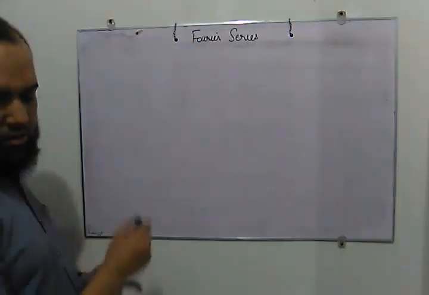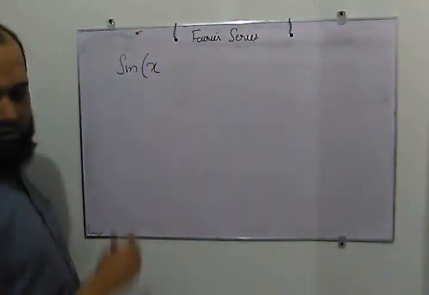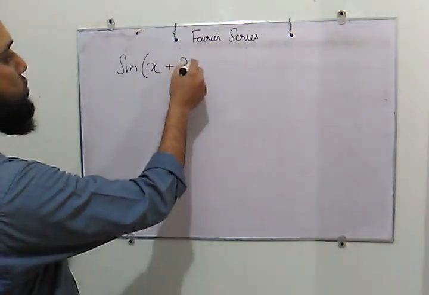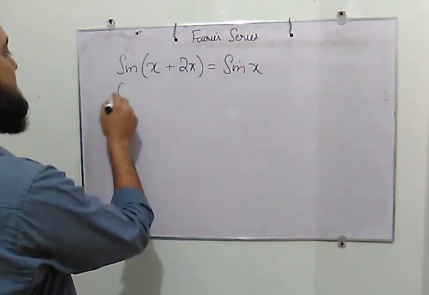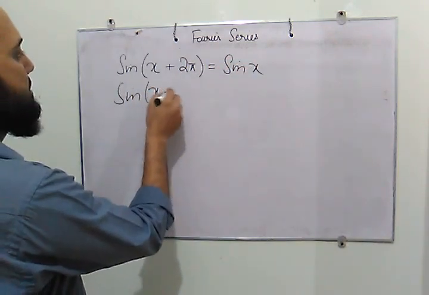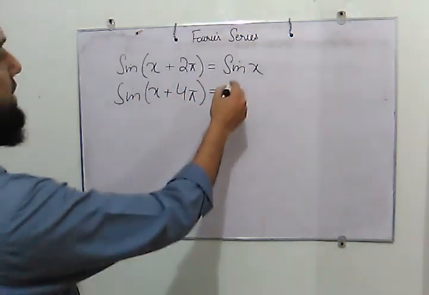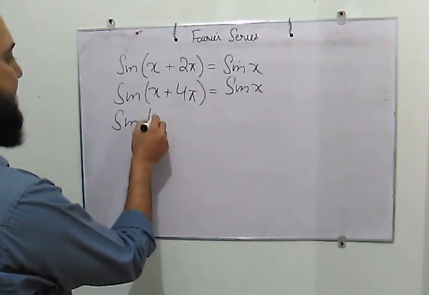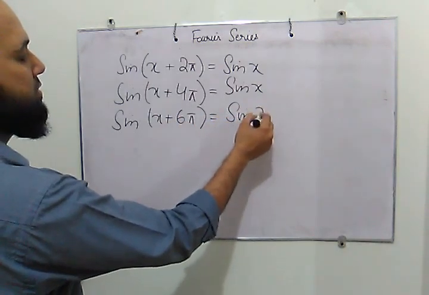Now the example is, for example, we have a function sine x plus 2 pi is equal to sine x. Similarly, sine x plus 4 pi is equal to sine x again, and sine x plus 6 pi is equal to sine x.